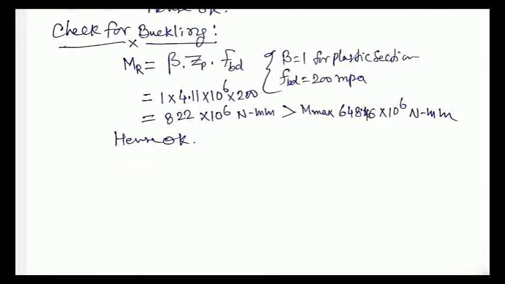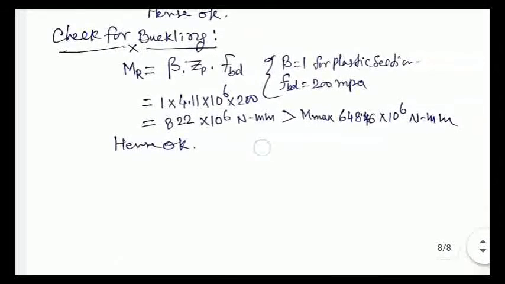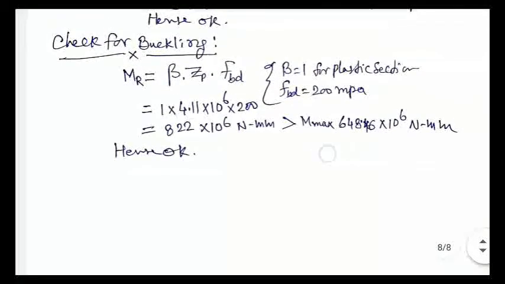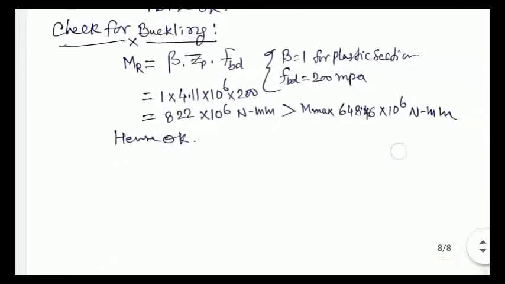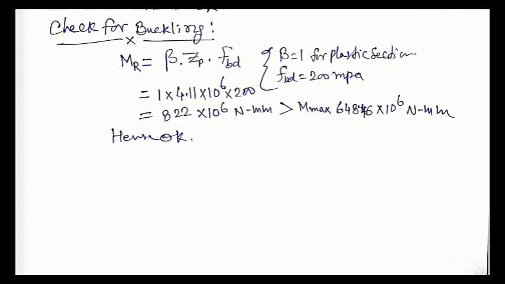The total moment of resistance comes out to be 822 into 10 raised to power 6 Newton mm, which is far more than the maximum upcoming bending moment 648.46 into 10 raised to power 6 Newton mm. Hence our design is okay and safe in all respects.